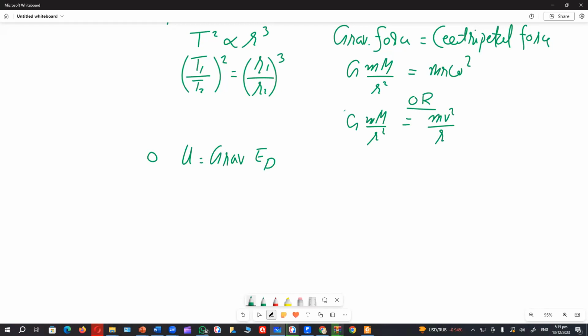Because the gravitational potential energy is holding it. That is why gravitational potential energy is always negative for any mass.